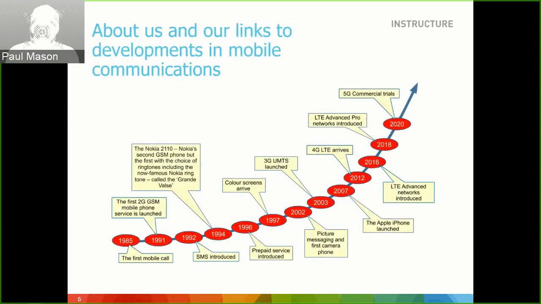So in the late 1990s, something happened in terms of mobile communications. With the arrival of GSM and GPRS, so 2G and 3G mobile technologies, all of a sudden there was a huge demand, a big need for an understanding of how radio communications work.